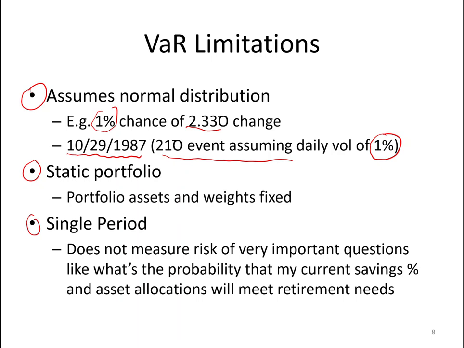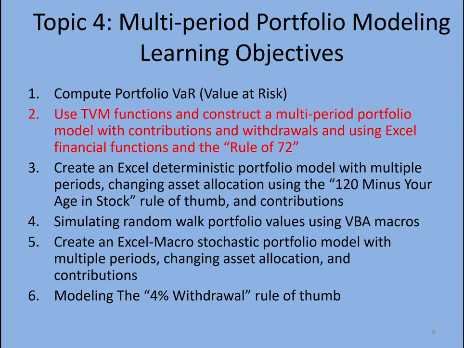Some more interesting problems in portfolio risk: I'm saving for my retirement, what are the chances I won't have enough money in 50 years or 30 years? VaR is a very interesting, valuable metric, but it's got some downfalls. So in the next topic we're going to start to construct multi-period portfolio models, and then use those to construct risk measures.